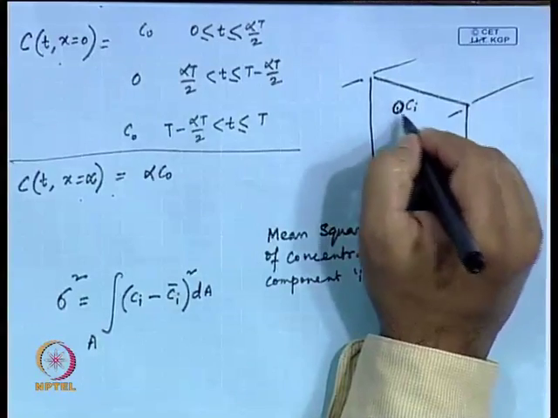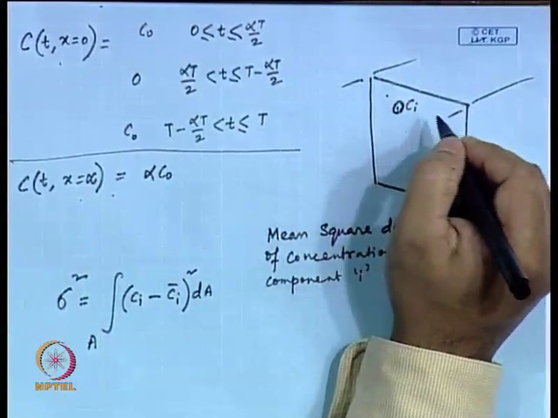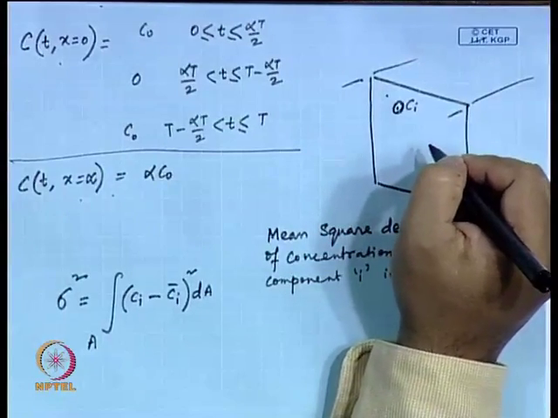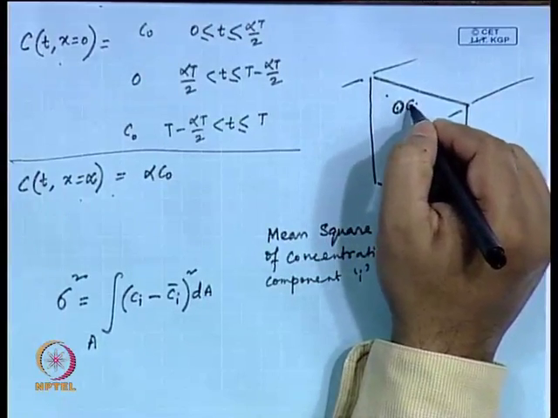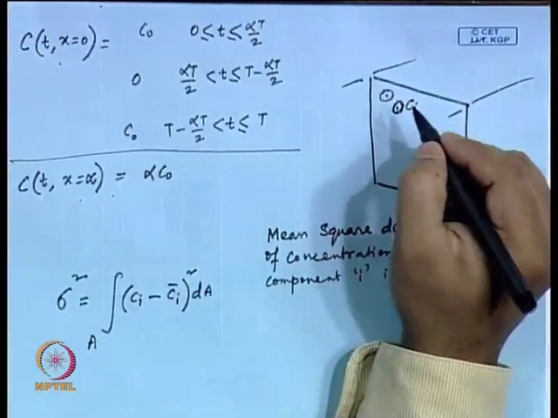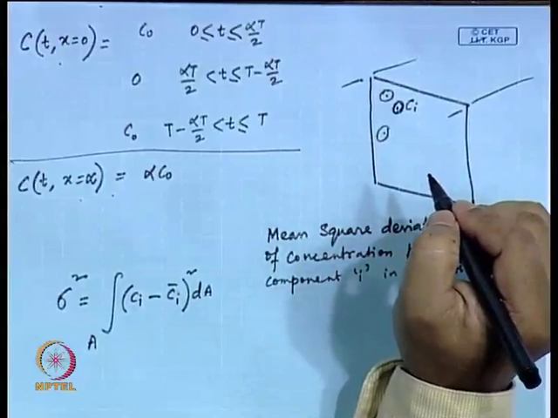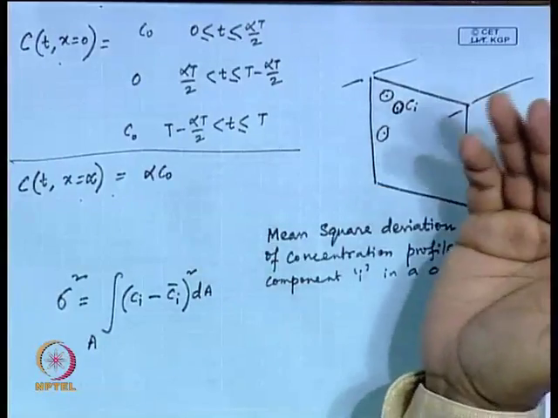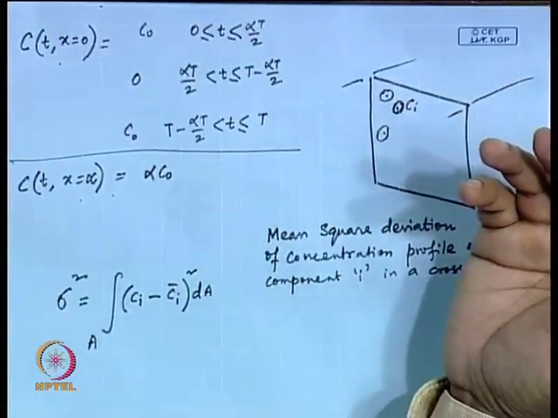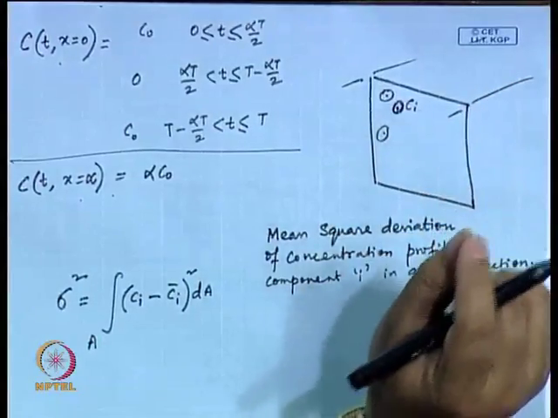All right. So, you have to sum up all such dAs and they will have different concentrations. This one has Ci. So, this dA will have another concentration, this dA will have another concentration. And what is Ci bar? If you are having half, then Ci bar would be 0.5. So, how far is this concentration from 0.5?